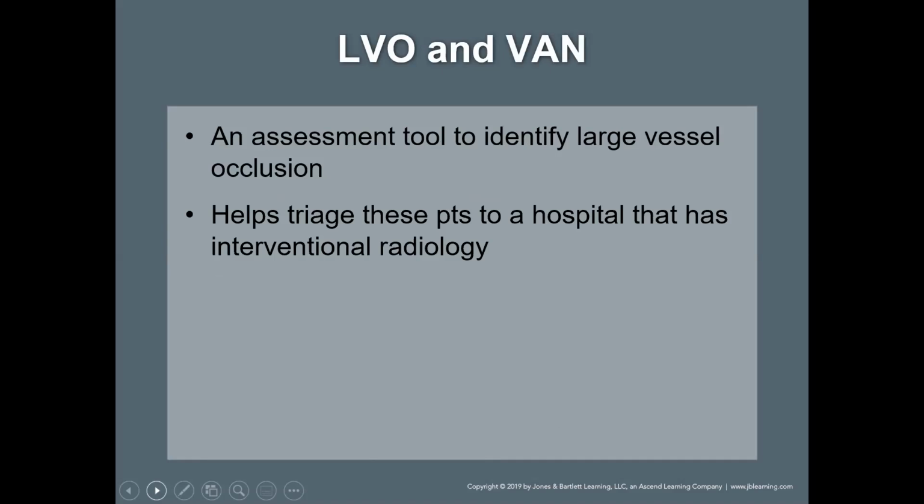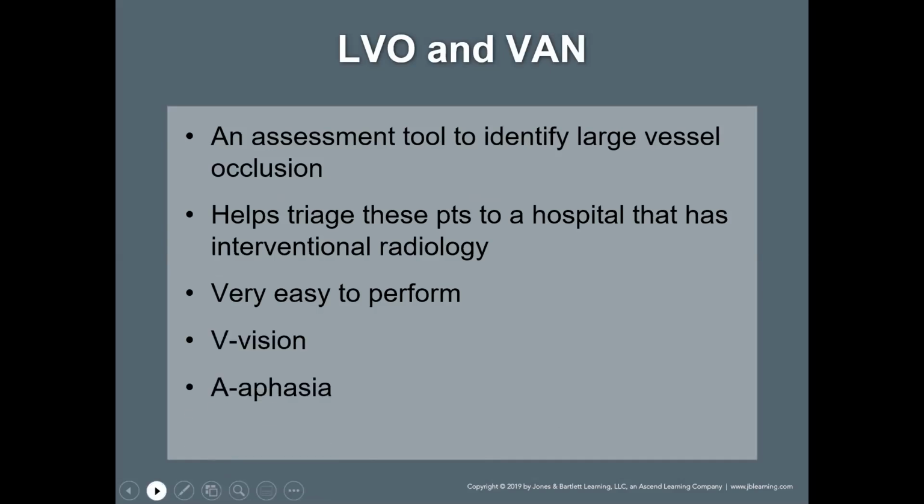Like they said, it helps triage the patients to a hospital that can help with that thrombectomy to get that clot out. And it's very easy to perform. We have the vision test, the aphasia test, and the neglect. So VAN. It's awesome. It's easy to remember.